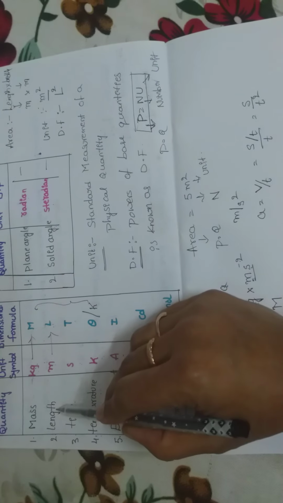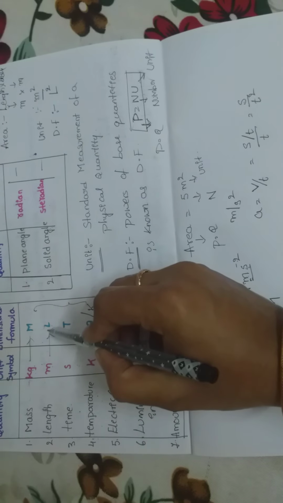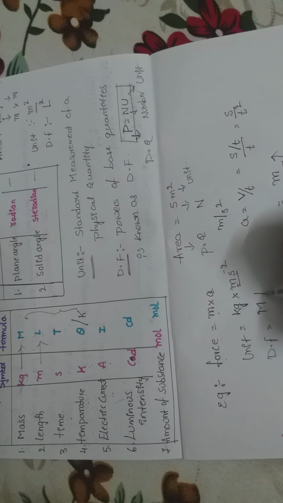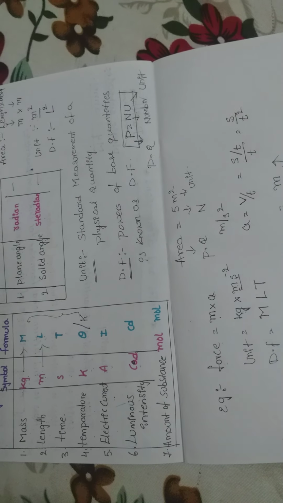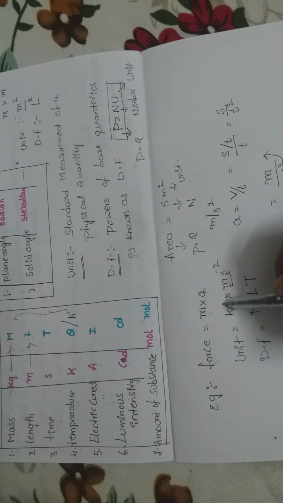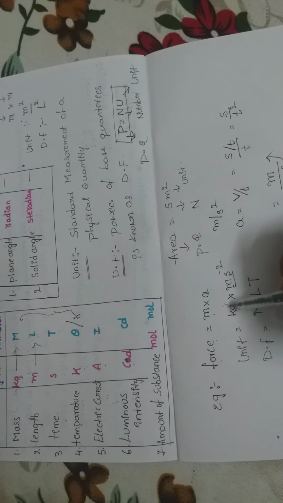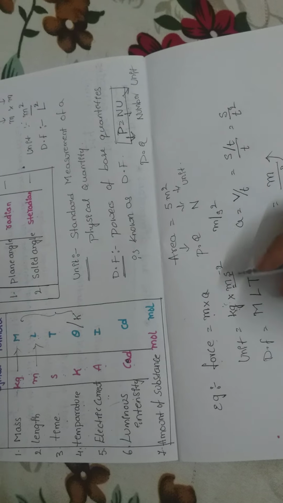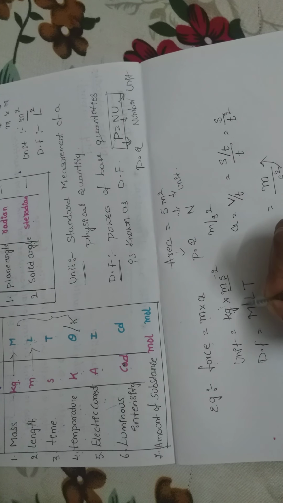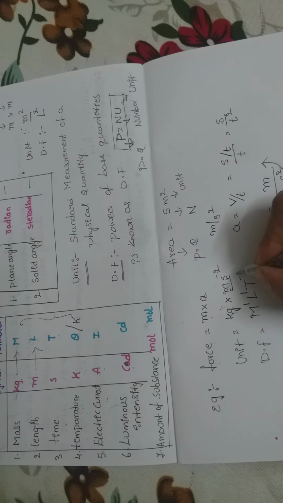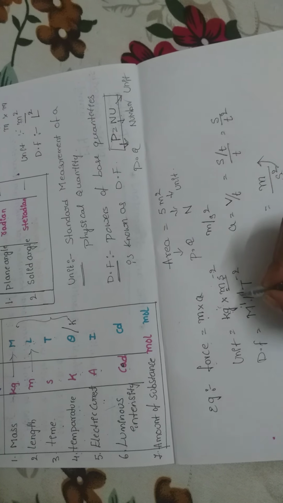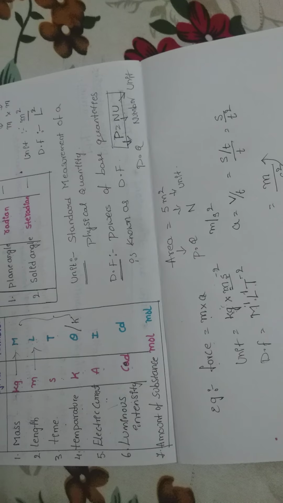Meter is the unit of length, and the dimensional symbol for length is L. Second is for time, T. Now, how can we write the powers? Is there anything on the power of kg? No. It means that we should take 1. So M power 1, meter power 1, and second power minus 2. So M power 1, L power 1, T power minus 2.